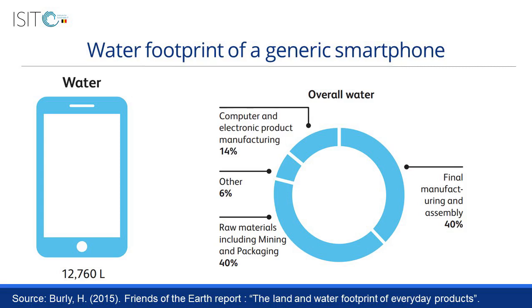What this study shows is that the water footprint of an iPhone comes from different things, including the manufacturing of computer and electronic products. It comes from the extraction of raw materials that are used in your iPhone. It comes from the final assembly of your IT parts, and it also comes from the energy consumption to make this production process run.